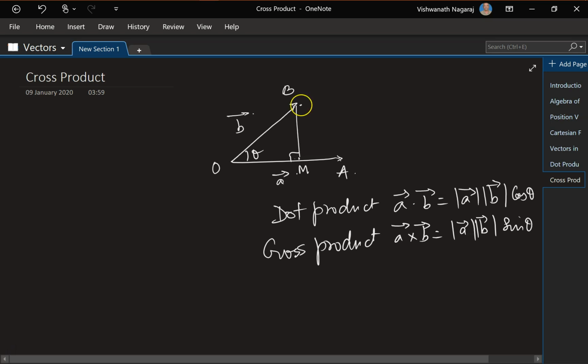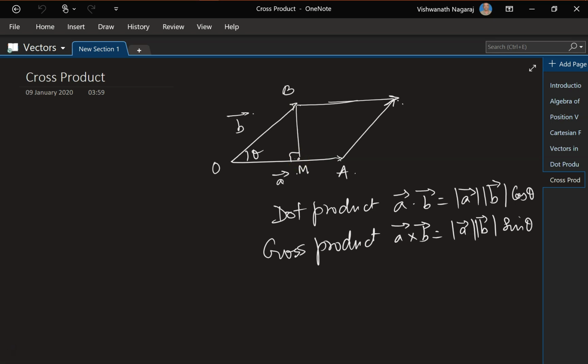So if you complete the parallelogram, you will notice that this BM is the height or altitude of the parallelogram. Magnitude of A times BM is going to give you the area of the parallelogram. So let me just keep writing it.